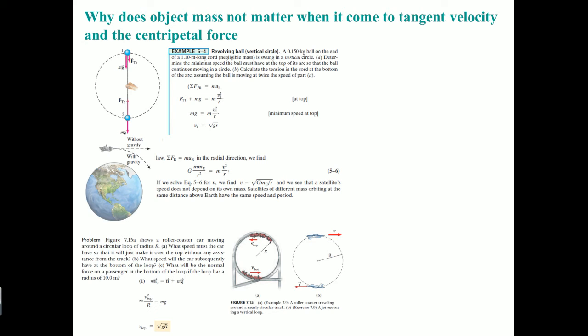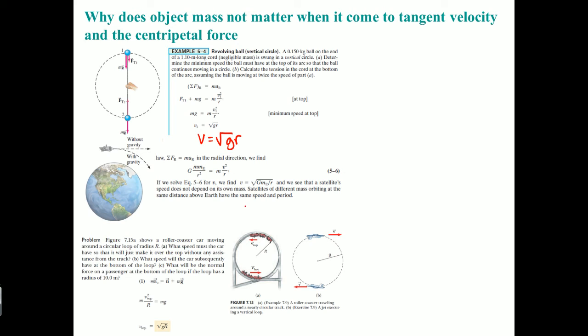The first one, revolving a ball in the vertical direction, we spin it, and we saw that the minimum speed at the top equals this. Notice mass cancels here. So the final answer was v equals the square root of gr. Even when we did the planet one, we see that the speed of the planet does not depend on its own mass. So the mass cancels here.